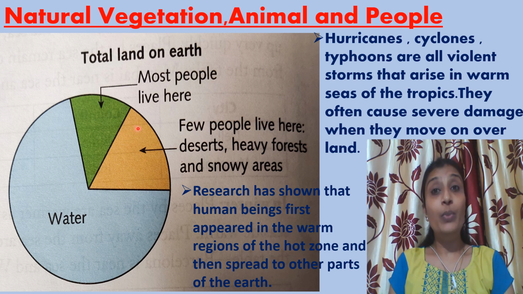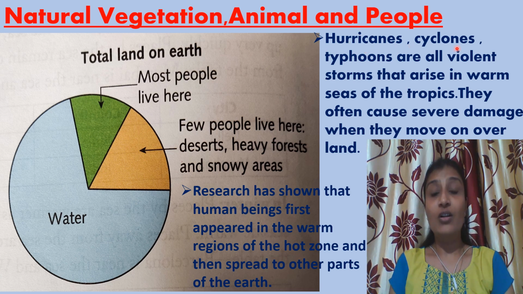A very few people live in the cold areas of the frigid zone. The population is less in the dry areas like deserts. People also do not live in the areas which are very hot and have heavy forest. Understood children?